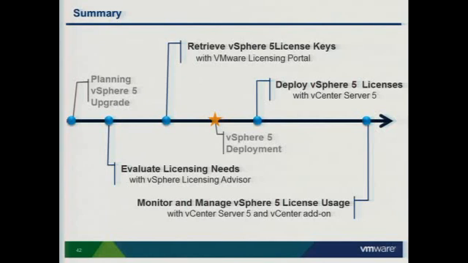As Creighton was mentioning, vSphere 5 requires new license keys. After deploying vSphere 5 and upgrading your vCenter server, we reviewed how to deploy the vSphere 5 keys that you generated from the licensing portal. And lastly, once you have a fully licensed environment, we reviewed how to use vCenter Server 5 and the new add-on to monitor and report on your license usage.